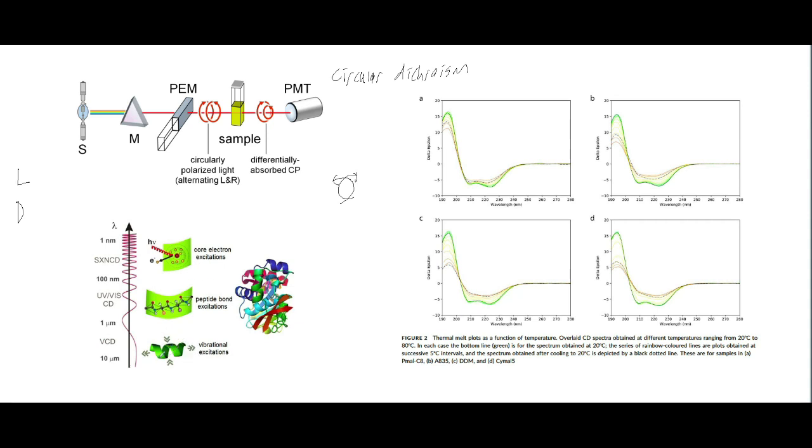Based on the structure of this alpha helix, it's going to cause phase shifts because it's going to absorb the light, which causes the vibration, and then it's going to emit the light. It's going to absorb light of one circular polarization more than it's going to absorb light of the other circular polarization.